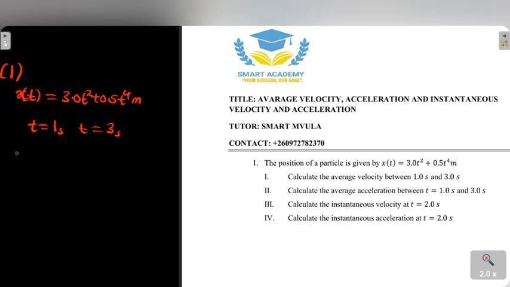So we say the average velocity is equal to the change in displacement over the change in time, where the change in displacement is equal to the final position minus the initial position, over the final time minus the initial time.